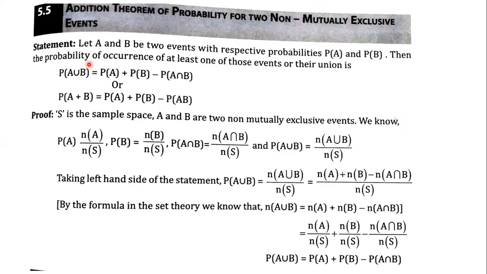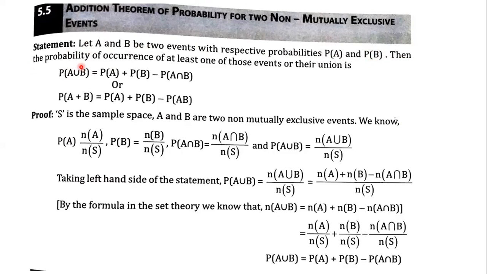So there is a statement which is given here. Let A and B be two events with respective probabilities P of A and P of B. So the chance of selecting A will be P of A and the chance of selecting B will be P of B. So A and B are two events where they are either selecting A or selecting B.